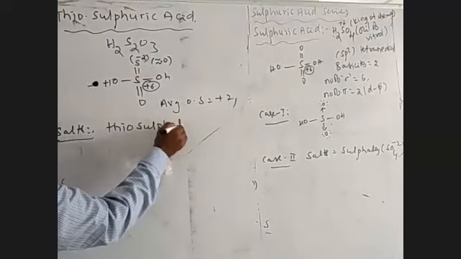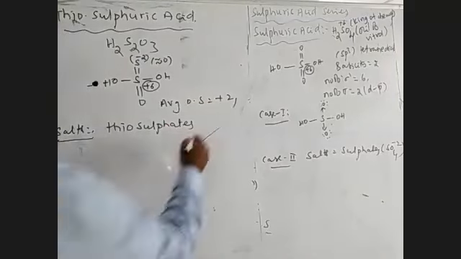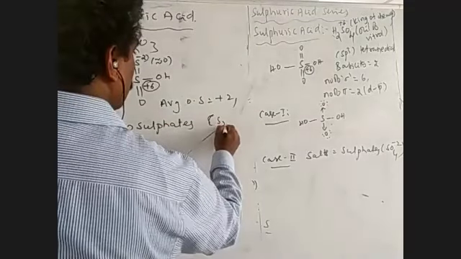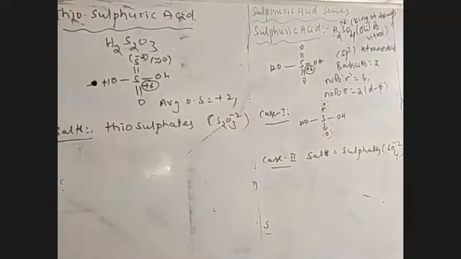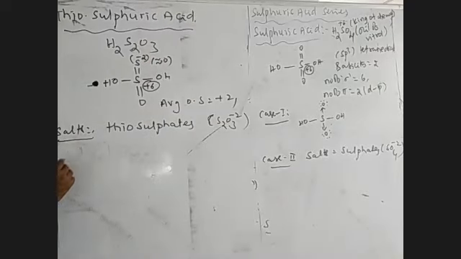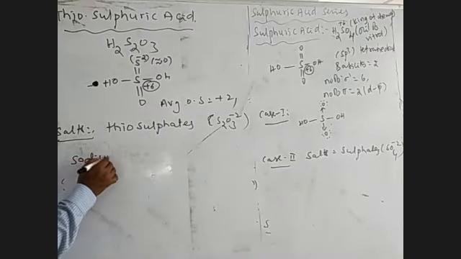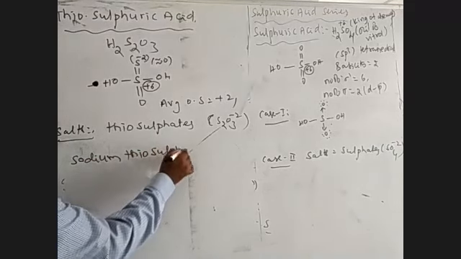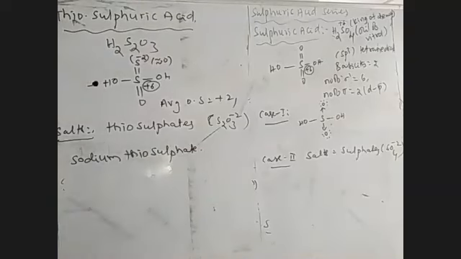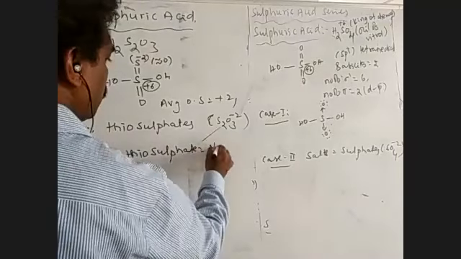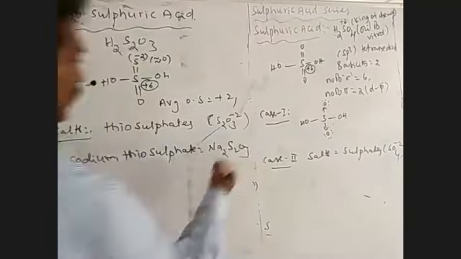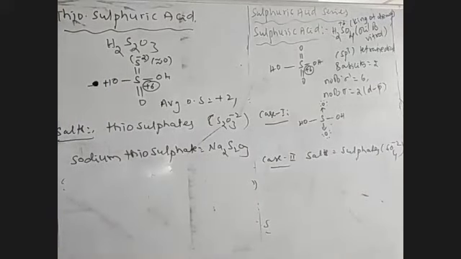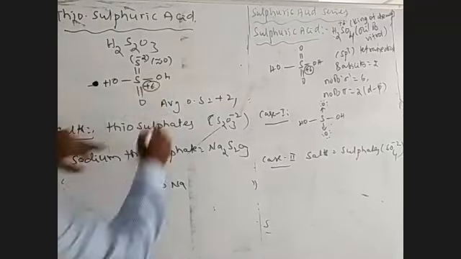And the salts are known as thiosulfates. The thiosulfates have the formula S2O3 2-. An example is sodium thiosulfate, which has the formula Na2S2O3. When reacted with sodium hydroxide, the two hydrogens are ionizable.